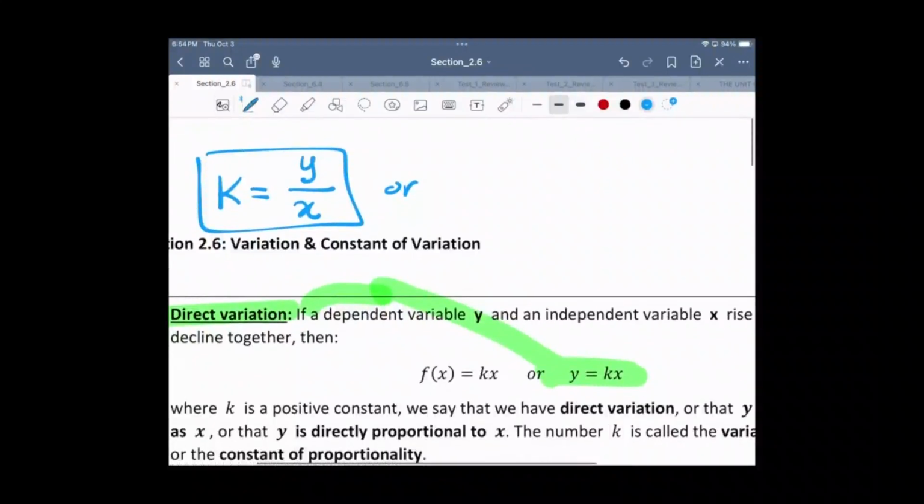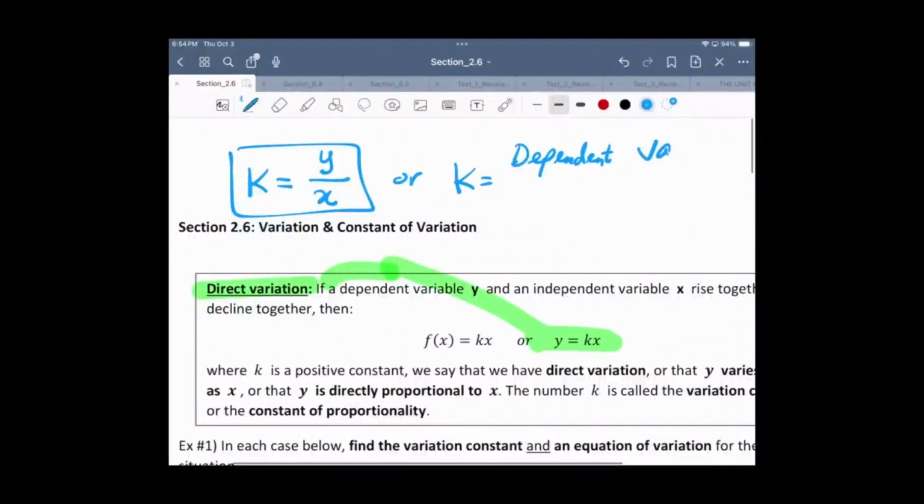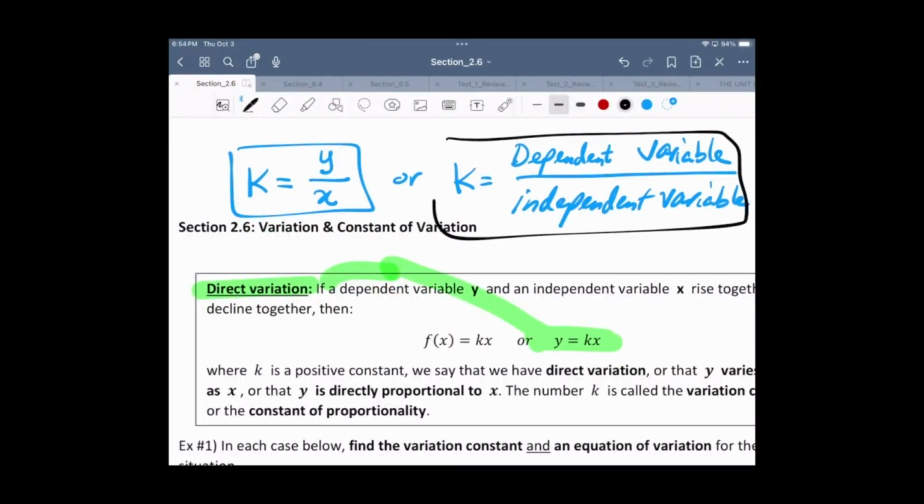Or I would prefer actually to think of it as k being equal to the ratio of the dependent variable divided by the independent variable, right? So you can think of it as y over x, or you can think of it as the dependent variable divided by the independent variable.